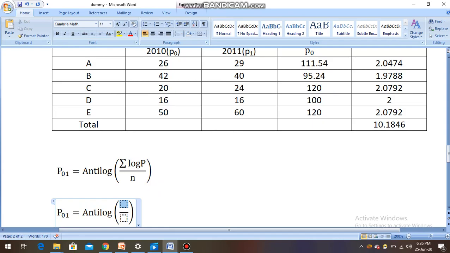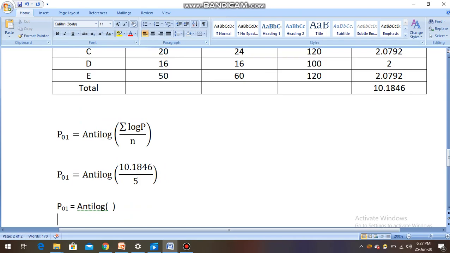Now substitute this value in the next step of the formula. P01 is equal to anti-log of summation log P, which is 10.1846, then divided by n. N is the number of items, which is 5. Then in the next step, anti-log of 10.1846 divided by 5 is 2.0369.